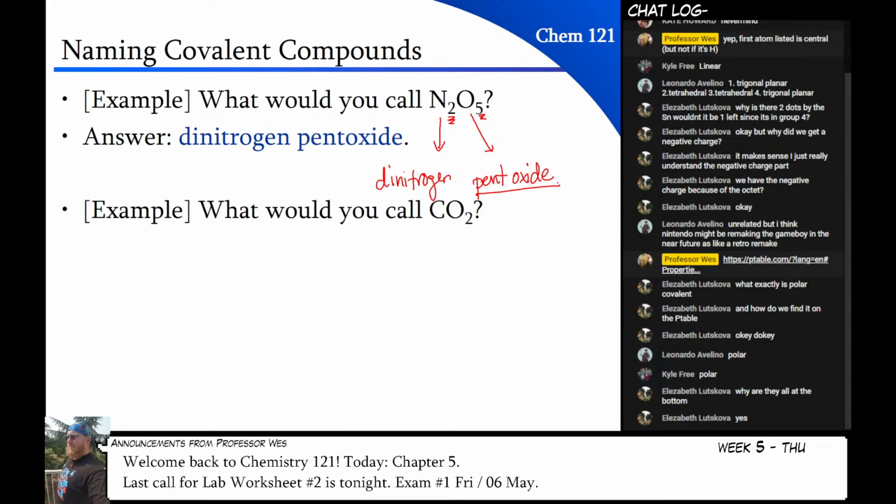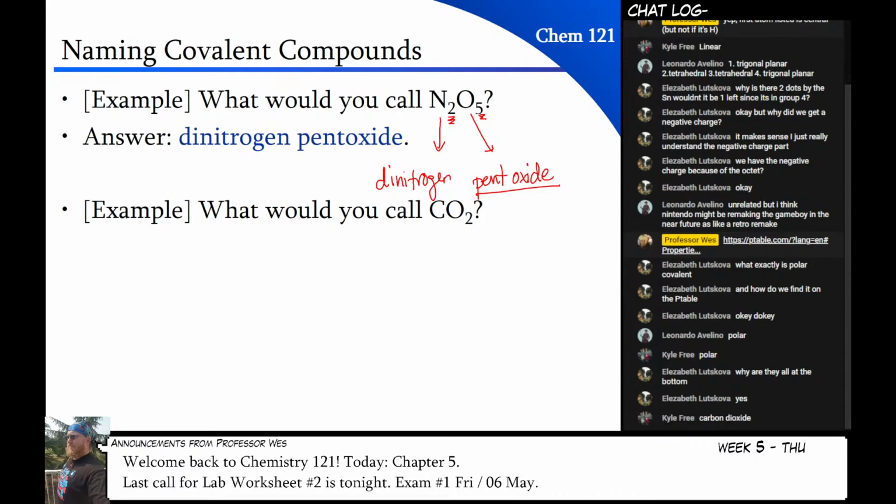All right, how about this one? What would I call CO2? Type your answer in the chat once you got it. I mean, we all know what this is, right?